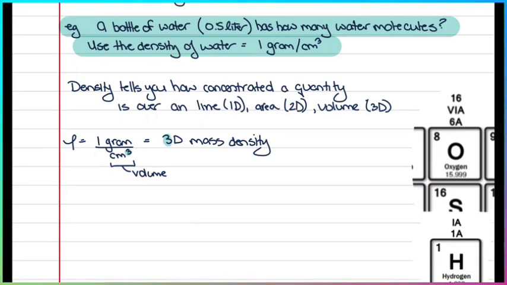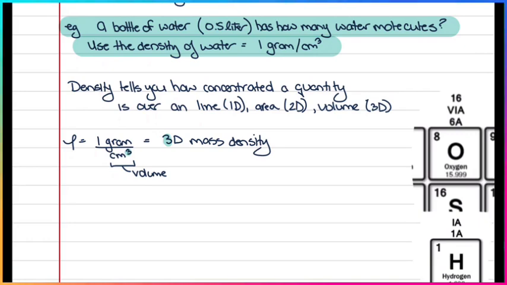That's a good approximation of the volume of 1 cubic centimeter. So, to say that water has a density of 1 gram per cubic centimeter means that if I randomly picked a cubic centimeter somewhere in that bottle of water, the amount of water in that little cubic centimeter would have a mass of 1 gram.